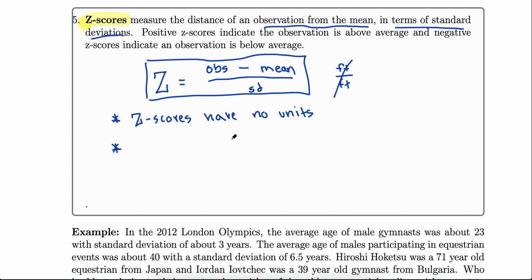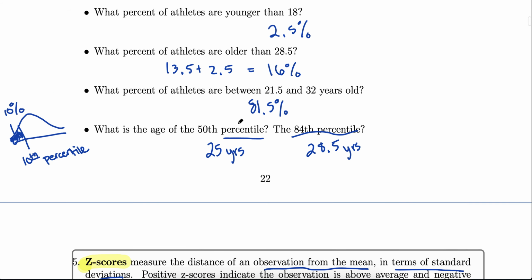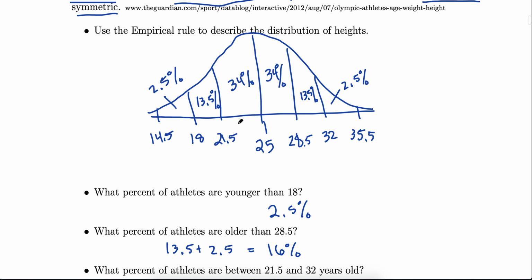Now the second observation, if we're talking about z-scores on a bell curve, let's go back to our previous example for a second and calculate a z-score. What if we calculated the z-score for this guy?